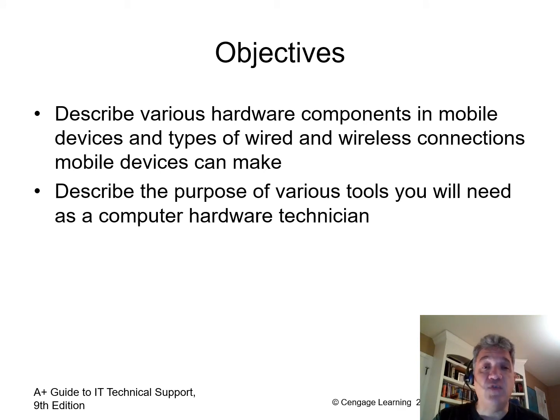There are many reasons for that trend, and we'll probably talk about that a little later in the course. Next bullet point here, describe the purpose of various tools you will need as a computer hardware technician. And even if you're not a computer hardware technician, it's a good idea to have some of the tools that we will look at if you maintain any of your own equipment.